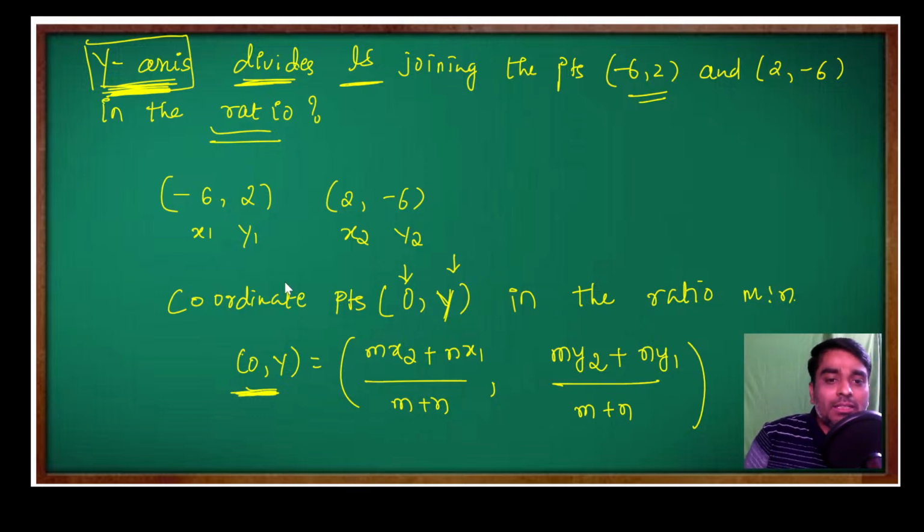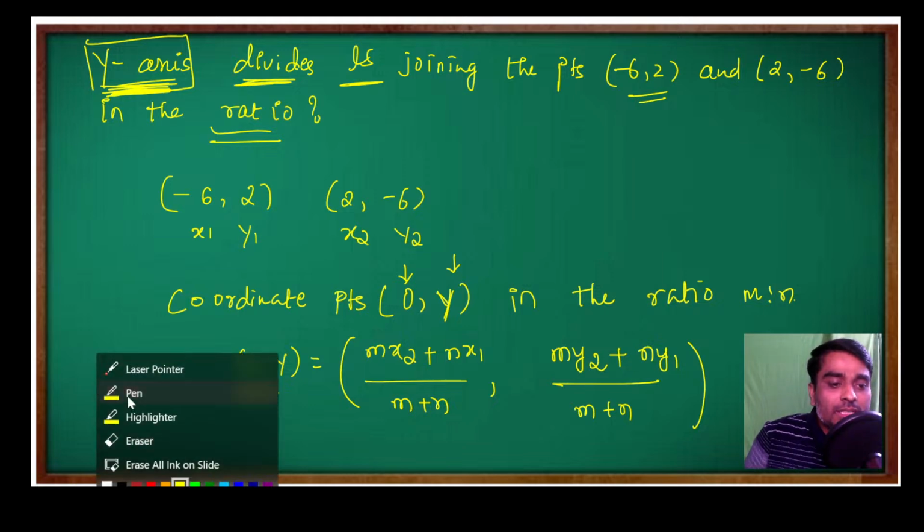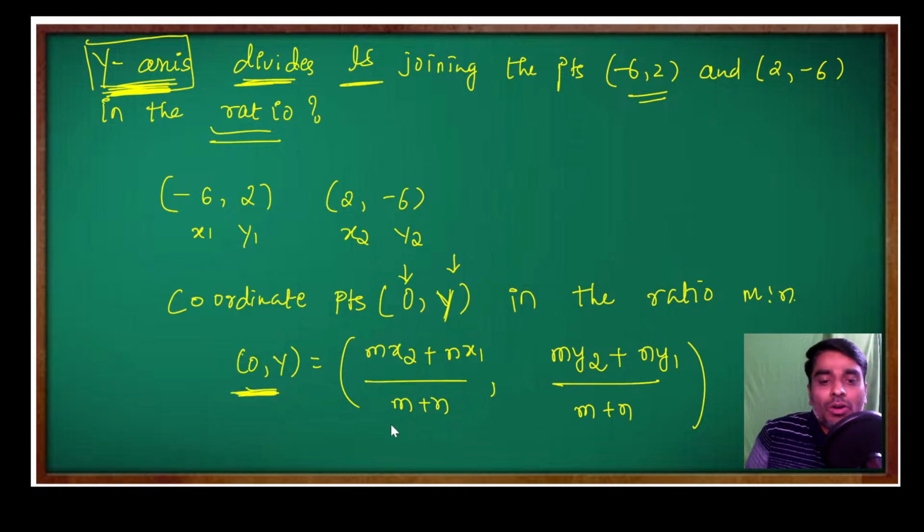Now whatever numbers we have here, -6, 2, 2, -6, we need to substitute here. And we are going to find m and n, so we keep m and n as m and n only, because we need to get those answers. Now first see, simple it is. This whole thing in the formula is the x coordinate.